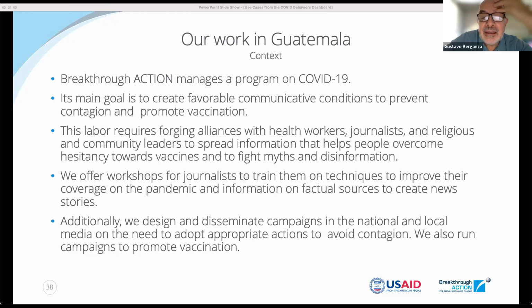We also support journalists in the capital cities, suggesting sources to create stories about vaccination and to create a favorable mood in order to improve this phenomenon.